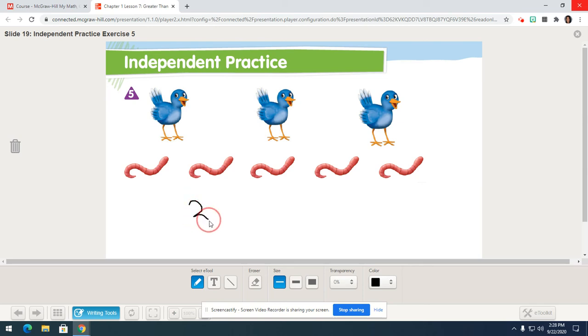Help me count how many worms we have. 1, 2, 3, 4, 5. Great job. We have 5 worms. Remember, when we write number 5, we say down and around and make a hat. Go ahead, say that with me. Down and around and make a hat.